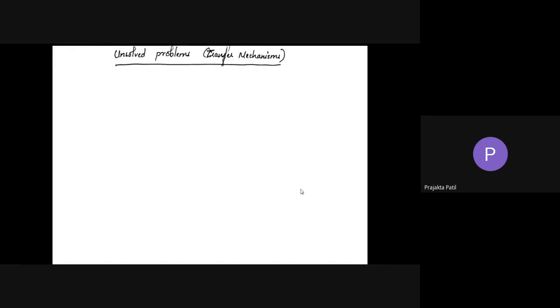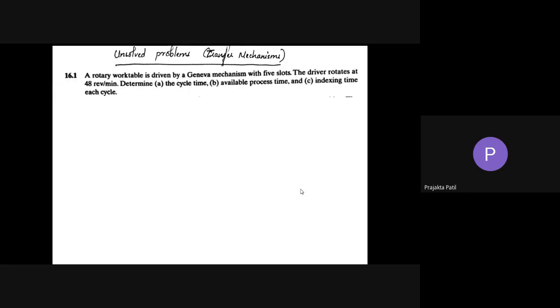So these are the unsolved problems from textbook. The statement is here. Problem number 16.1. A rotary work table is driven by a Geneva mechanism with 5 slots. The driver rotates at 48 revolutions per minute. Determine the cycle time, available processing time, and the indexing time each cycle. The problem has to be solved same as you have solved the previous problem. So please start and get the answer.